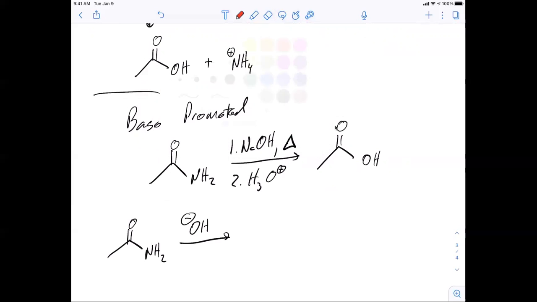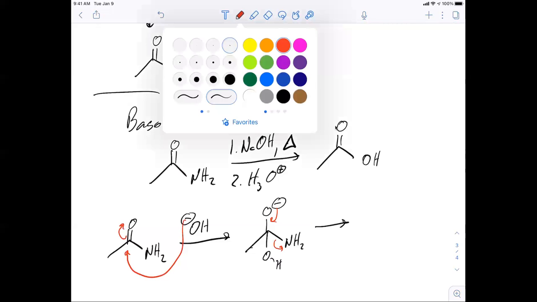So in the base promoted, the first step is not proton transfer, it's nucleophilic attack. Then we can get loss of leaving group.